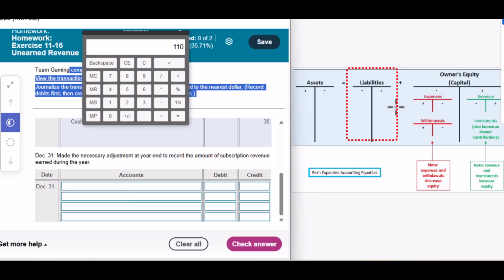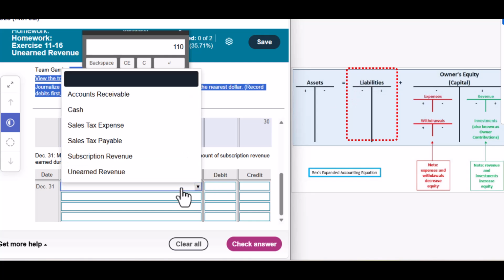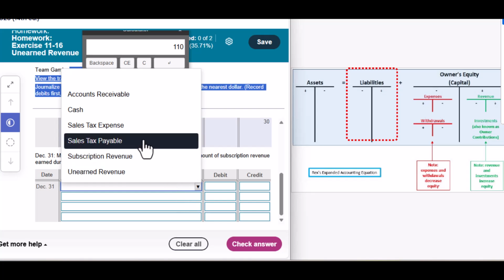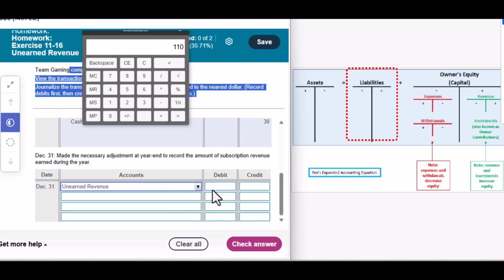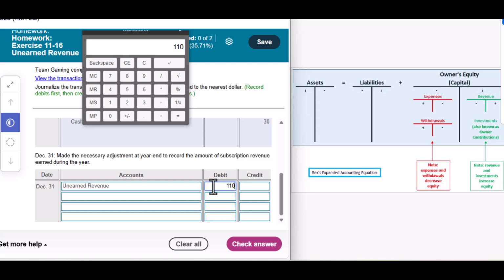And unearned revenue again is a liability. So in order to decrease that liability, we have to debit unearned revenue. So that is on the left side, for $110. And then because we have earned $110 of that subscription revenue, we now have to record the revenue.